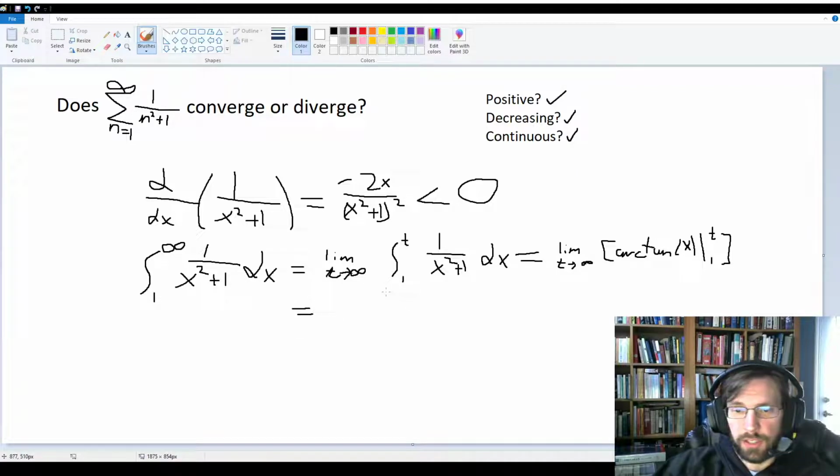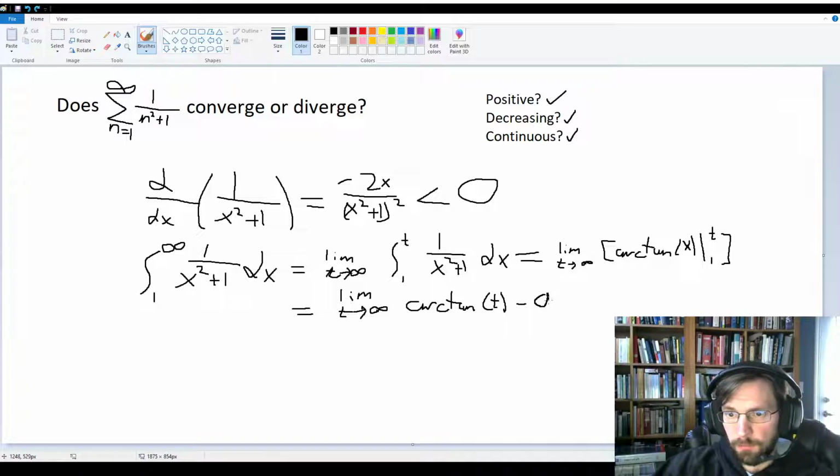Okay, so plugging this in, we get the limit as t goes to infinity of arctan t minus arctan 1.